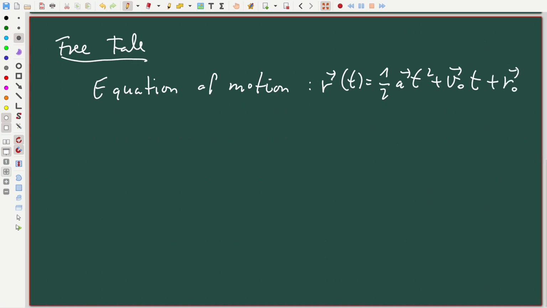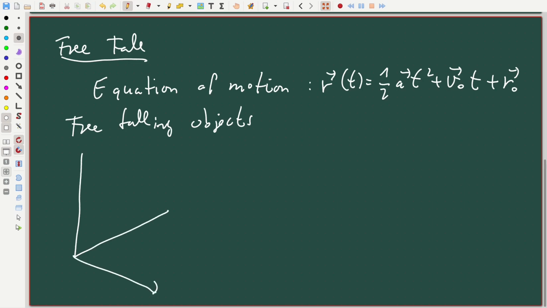So now what does it mean if we actually talk about free falling objects? It means that we have here a coordinate system with 3 axes, x, y, and z, and we have here any object, which is in the ideal case just a point mass.